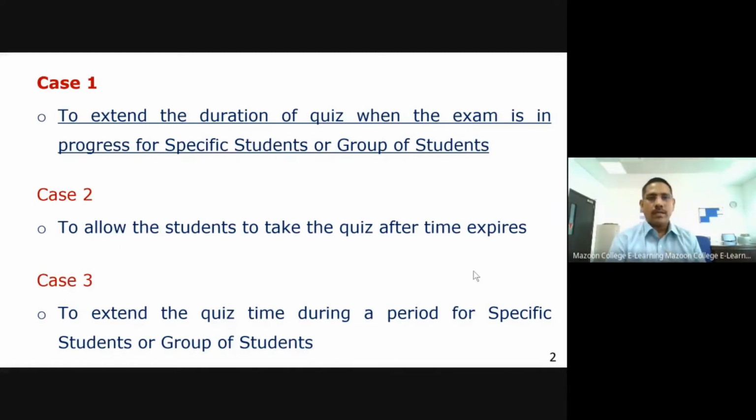They contact us and say, my system is gone, or my internet failed, I need to finish my exam, kindly could you please extend the time. The students are requesting while the exam is still going on. Nearly half an hour or 1 hour has passed, the student has missed his time, and we need to give the time while the exam is in progress. So this is case 1 we are going to discuss.